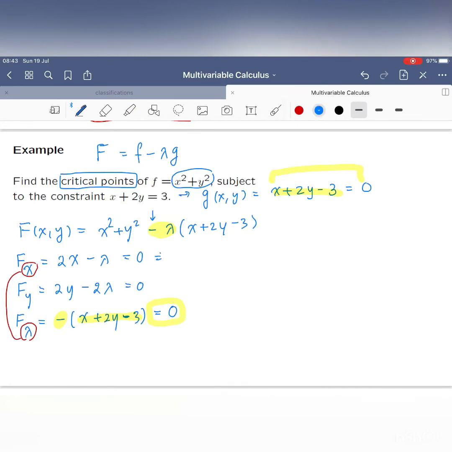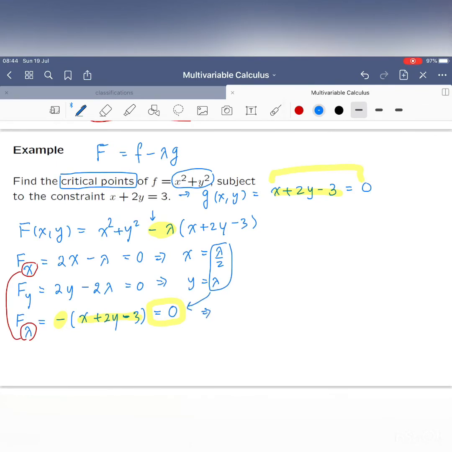So this means that your x is lambda over 2, your y is lambda, and it is a single variable lambda, or we can say a parameter.